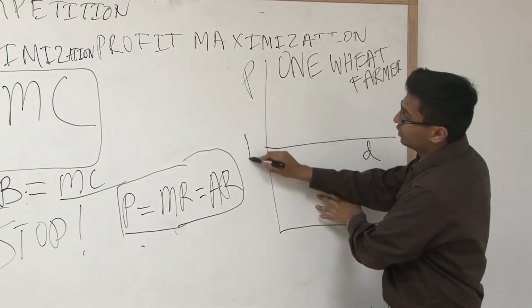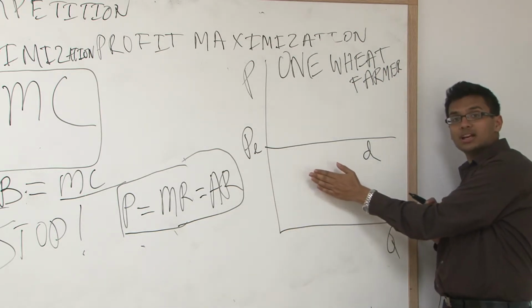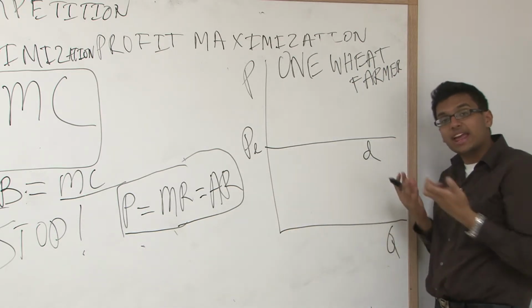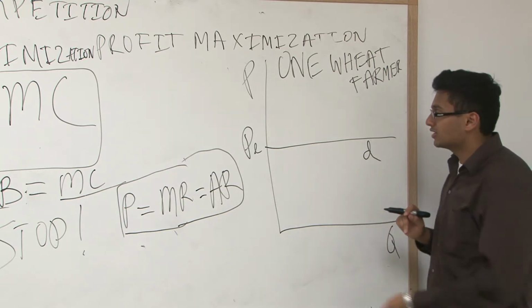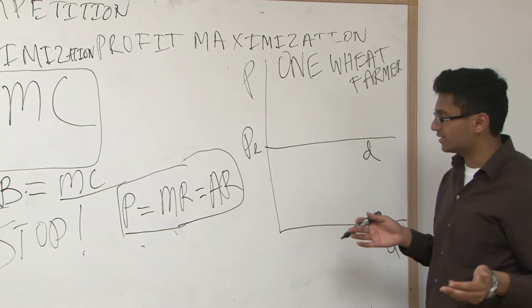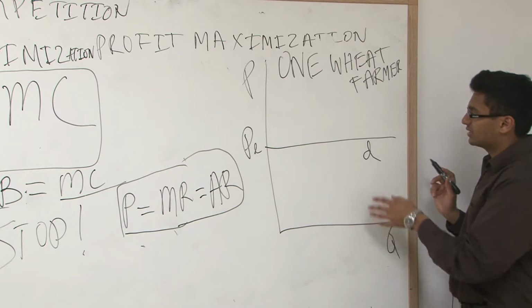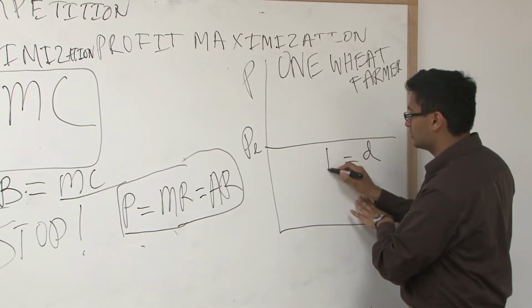And this is the price equilibrium. This is where he's forced to sell his wheat, because in a perfectly competitive market, he's a price taker, so he's forced to take the market price, whatever the market dictates. It could be whatever the market says it is. So this is the demand line. Now remember, we said this is the price.